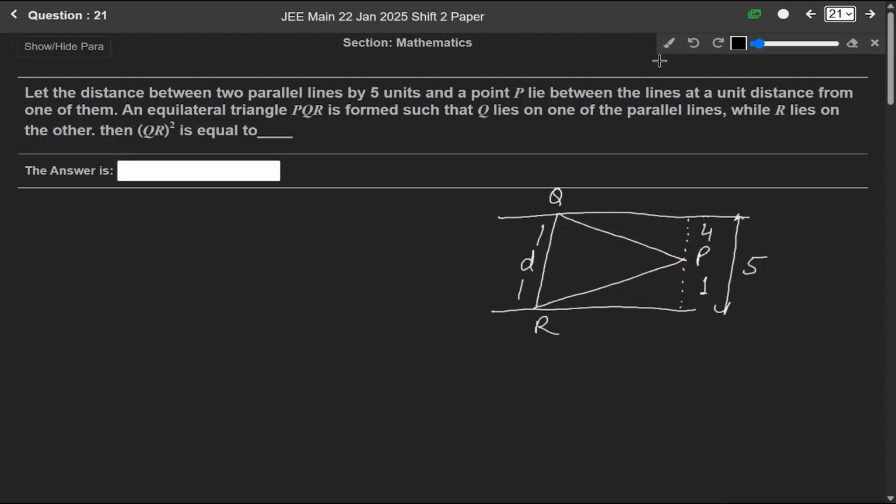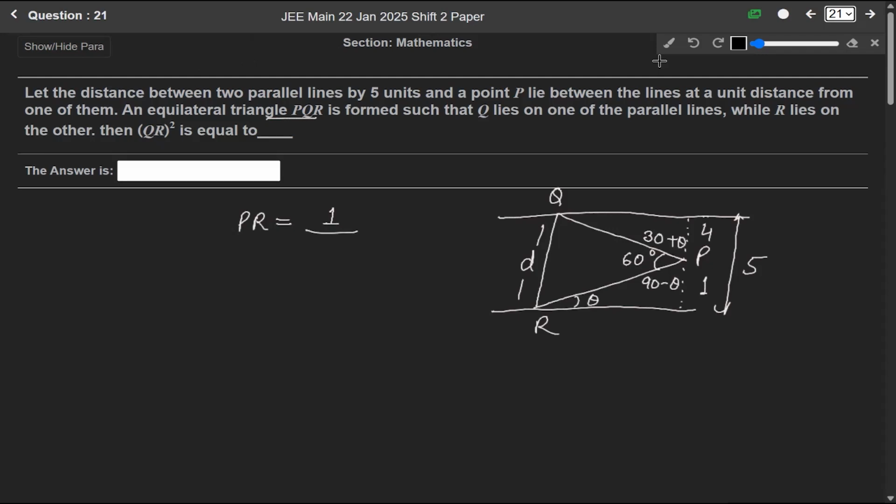Since PQR is an equilateral triangle, let us say this angle is 60 degrees. So PR will be equal to 1 over, let us say this is 30 + θ and this one is 90 − θ, where this is θ.